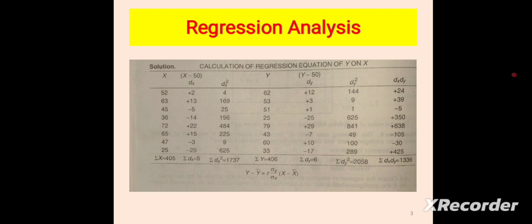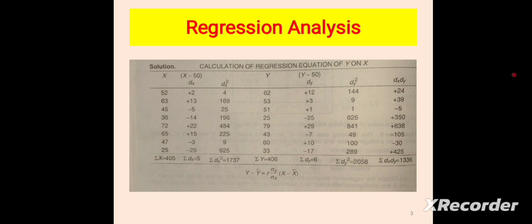Plus into plus is plus, minus into minus is plus, but plus into minus or minus into plus is minus. So minus 5 square is minus 5 into minus 5, 25; minus 14 into minus 14, 196; 22 into 22, 484; 15 into 15, 225; 3 into 3, 9; 25 into 25, 625. Total summation of dx square is equal to 1737.